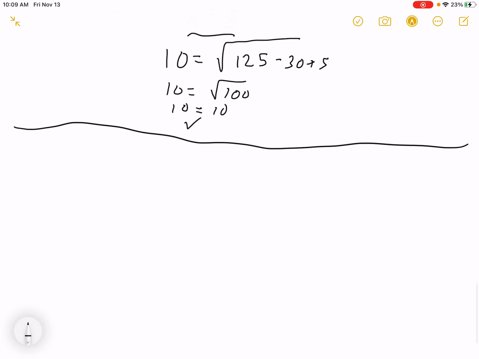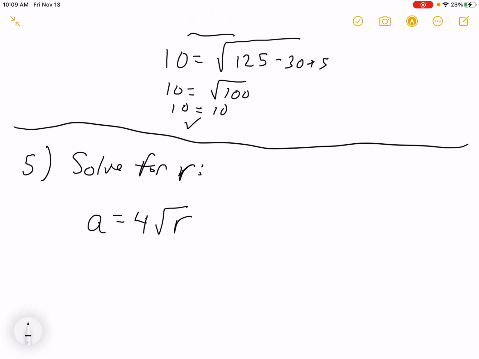Okay, number 5 is a little different. Number 5 says solve for r. So 5 is solved for a. We want to get it solved for r. In other words, get it to begin with r equals. Okay, so we want to isolate the r. First, I'm going to isolate the square root of r by dividing by 4.